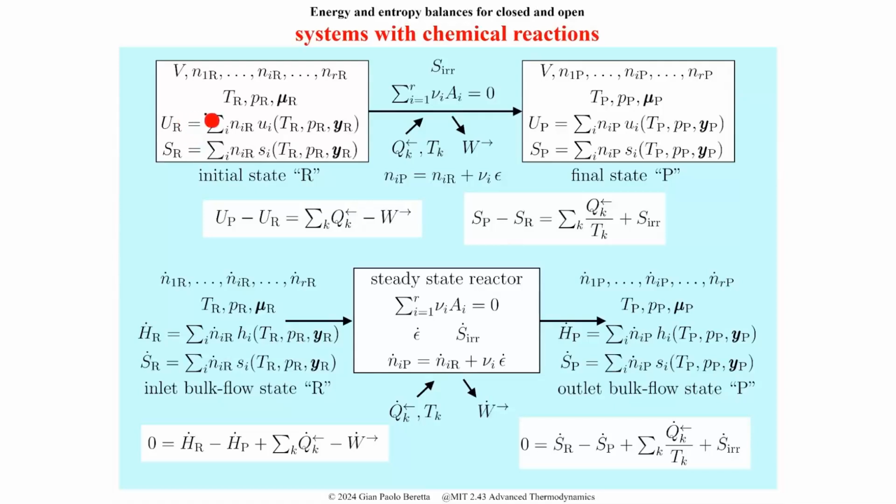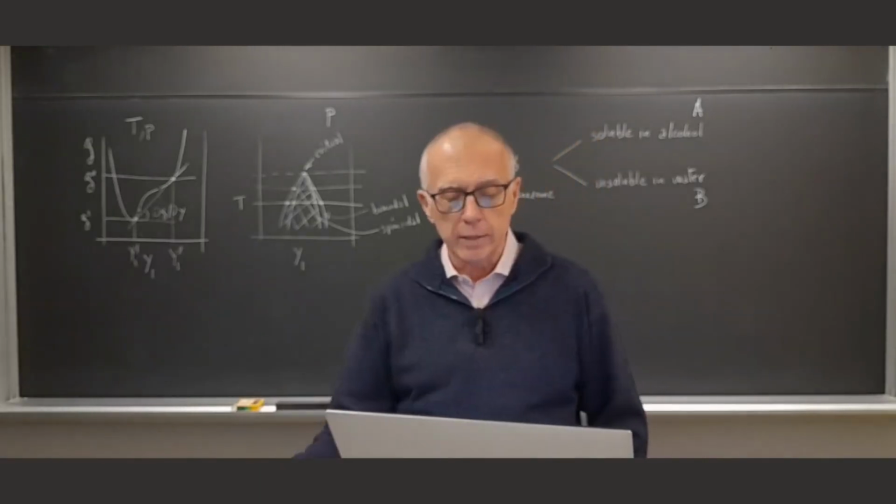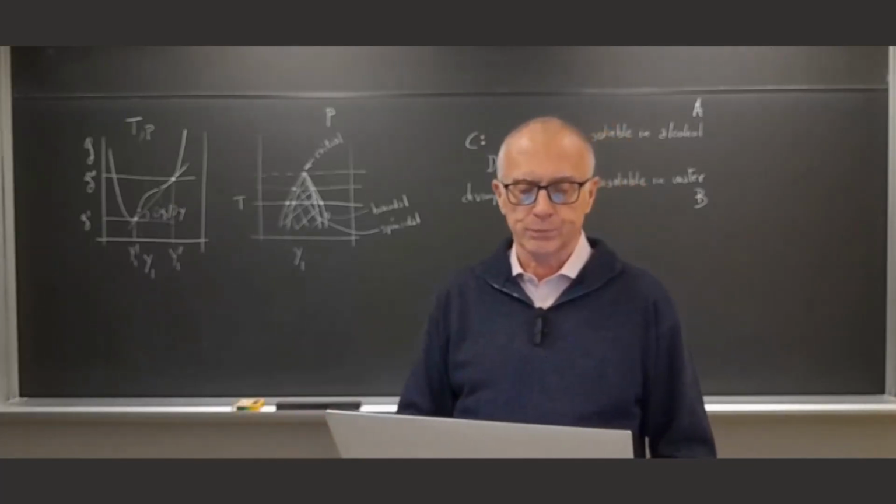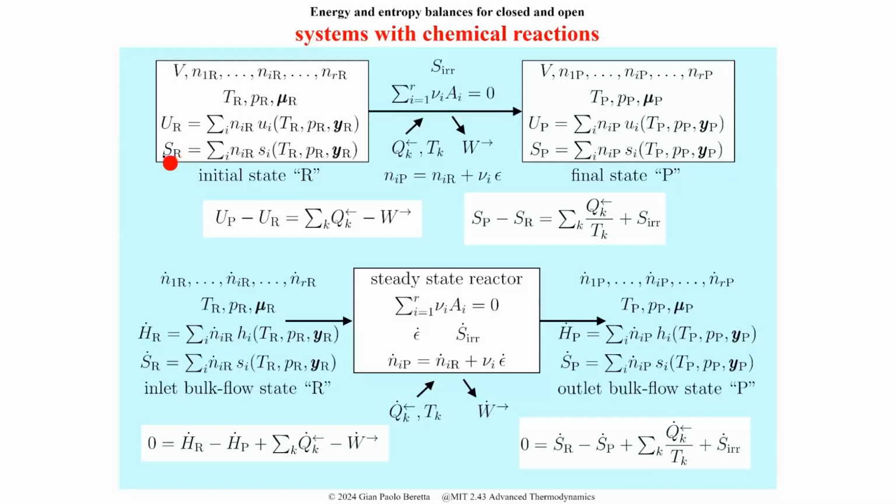So the energy is simply given by the weighted sum, weighted on the amounts, of the partial properties. And the partial properties depend on composition. And here we can apply all our theories about ideal mixtures or other models and so on. And the same holds also for the other properties, like entropy, which is the other one that is needed for the entropy balance.